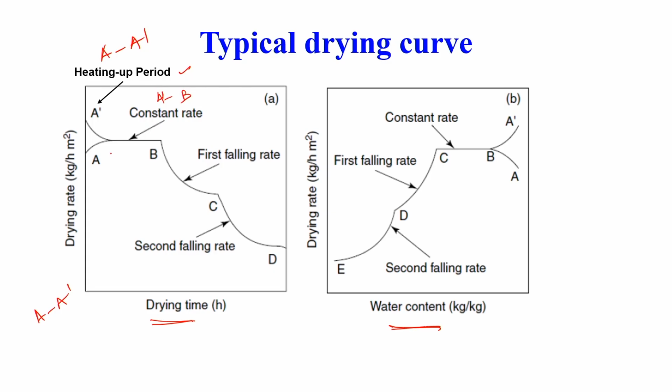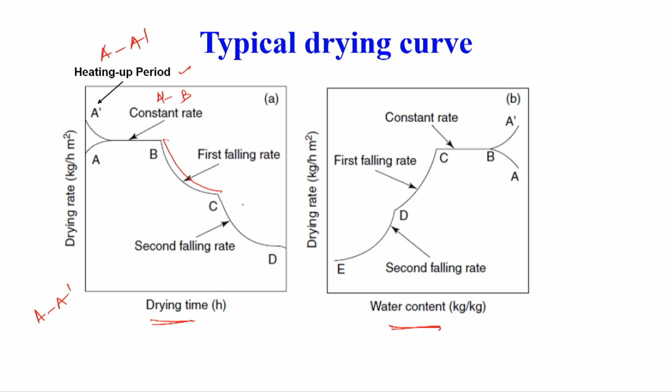Now, once there is not a sufficient rate of water coming to the surface as it is being removed, or you can say the rate of drying exceeds it, you will see the first falling rate period. In that case all the surface water will be removed and you will see some formation of dry patches.